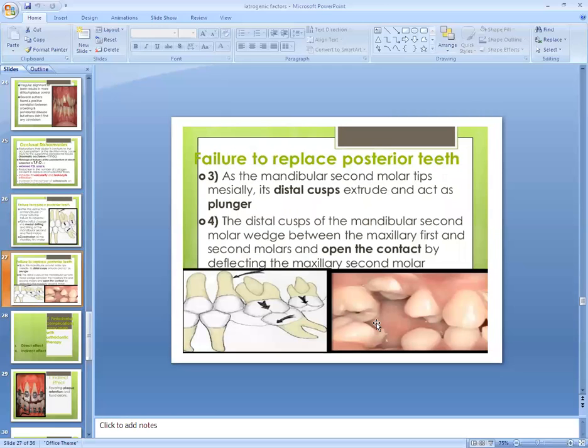Then, if we fail to replace the posterior tooth, the mandibular second molar tips mesially and its distal cusp extrudes, acting as a plunger cusp. The distal cusp of the mandibular second molar wedges between the maxillary first and second molars and opens the contact by deflecting the maxillary second molar.